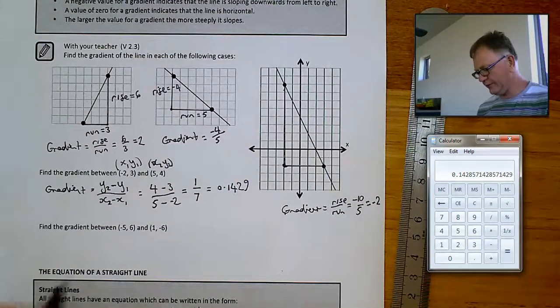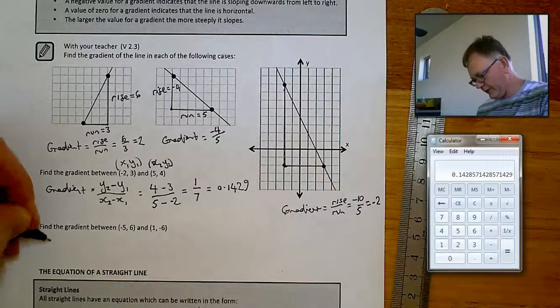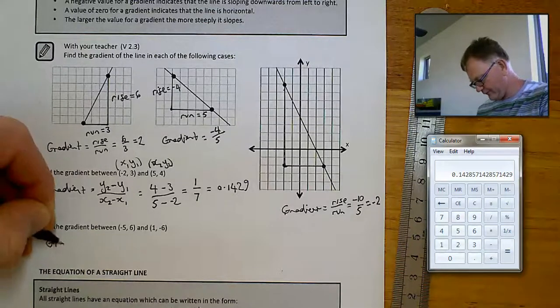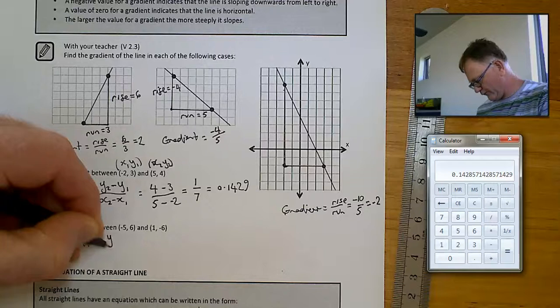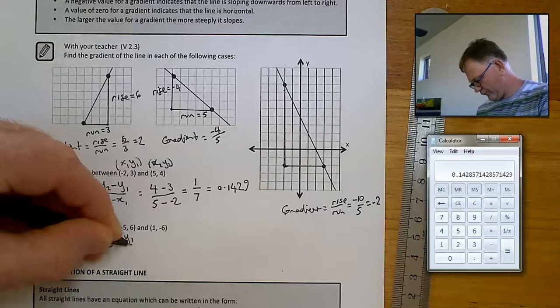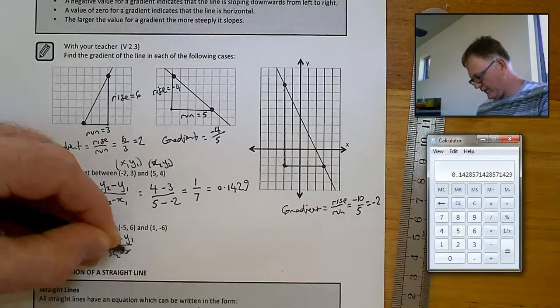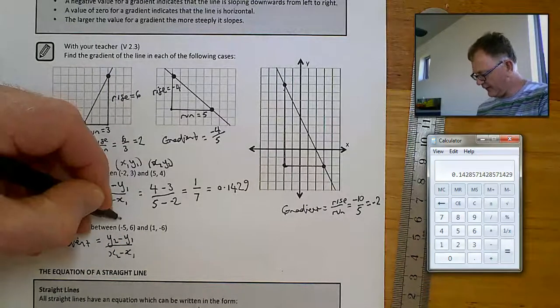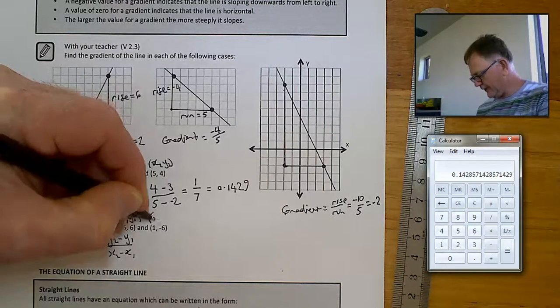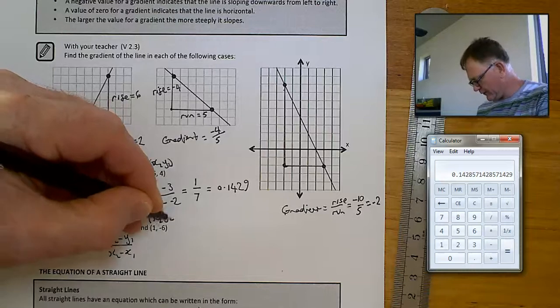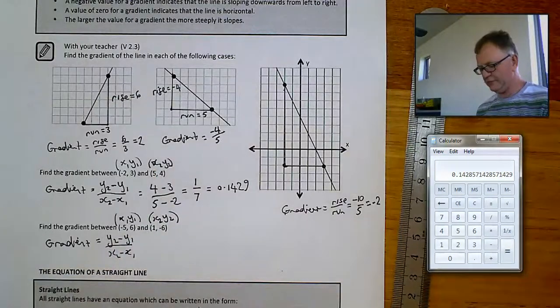Find the gradient between these 2 points. So once again, with our formula, let's write our values of x1, y1 above the point, and our point number 2, x2 and y2.